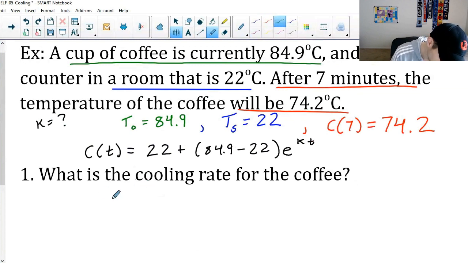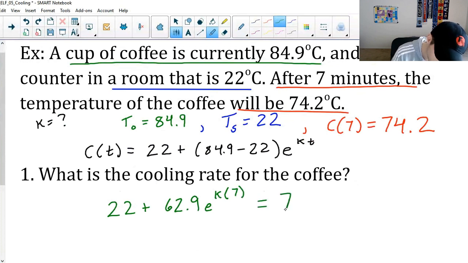So what is the rate of cooling? I'm going to use my formula, and the fact that I know whenever I plug in 7 for T, I should get 74.2.